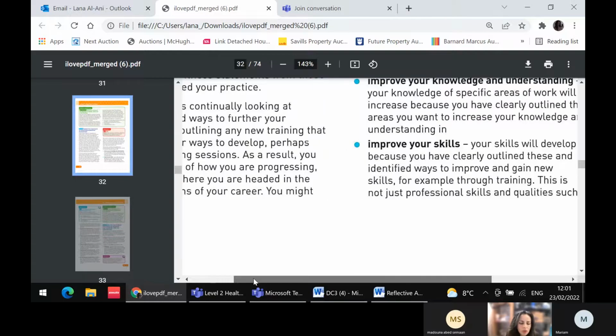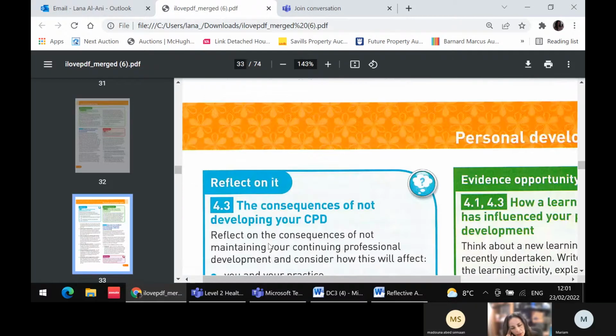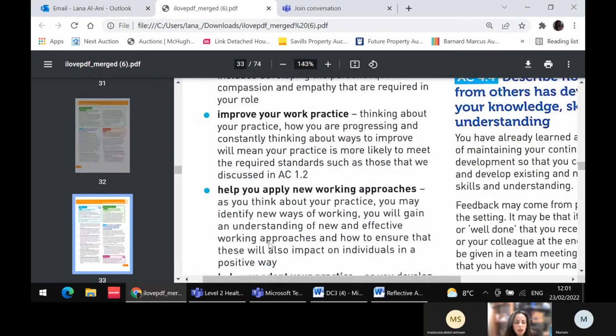And also this will improve my work practice. Thinking about my own work practice, the progression for me is I'm constantly getting more training, getting better skills and abilities. This will also improve my own work, my working area.